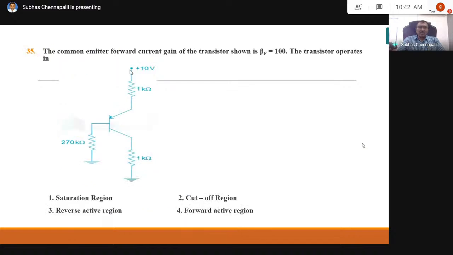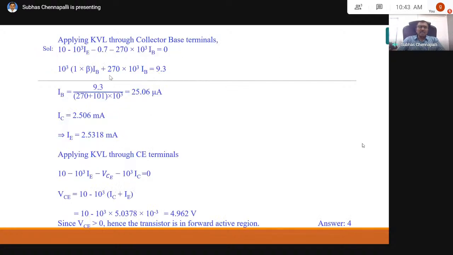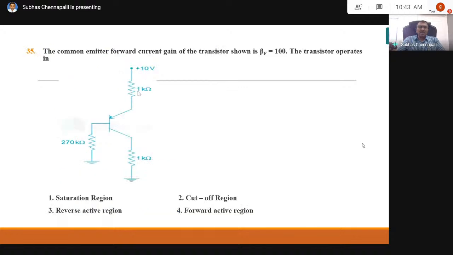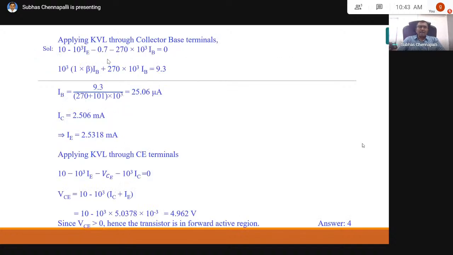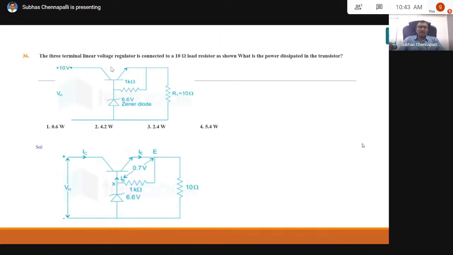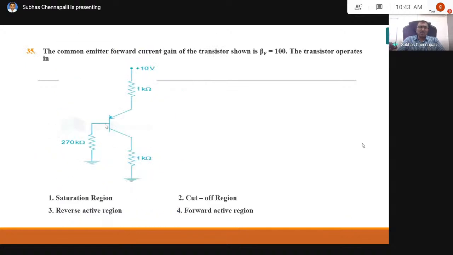This loop is taken from here, then emitter to base, then here. The current that flows through this resistor is nothing but base current. So this is 10 minus 10 power 3, like 1 kilo, IB. This is emitter, so this is RE. Minus 0.7, means this voltage.